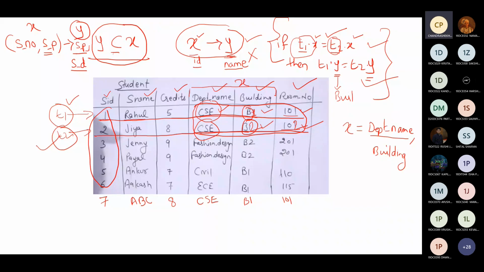Does anyone know the types of normalization? First normal form, second normal form, third normal form.